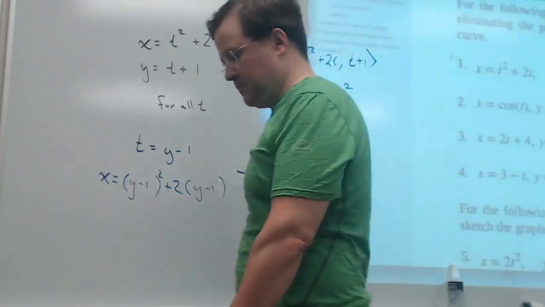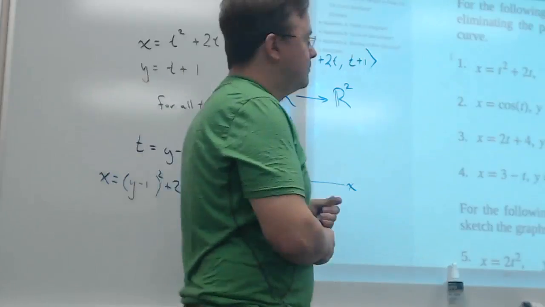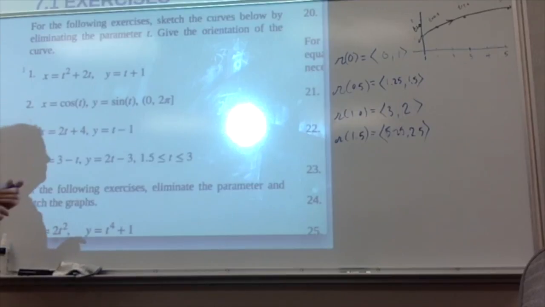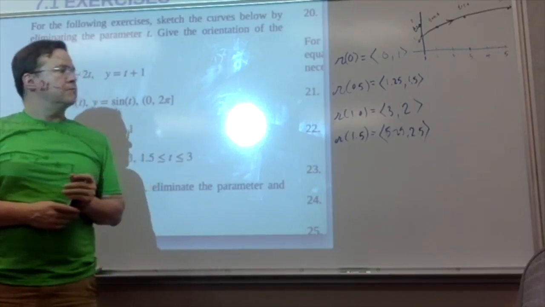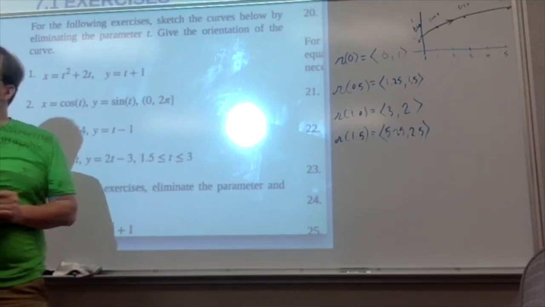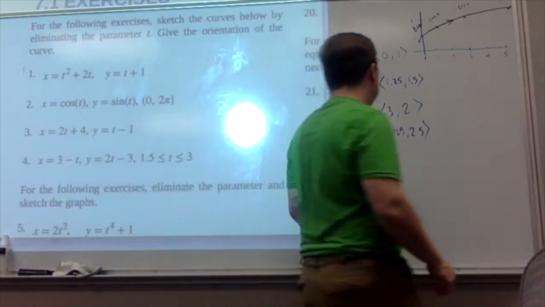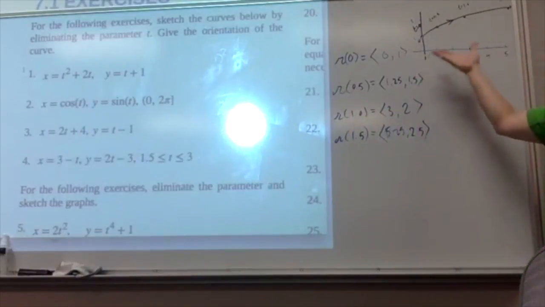These, the r of t, the vector valued function, are the components of that. I made a big deal about how these are vectors, but I haven't actually drawn the vectors.